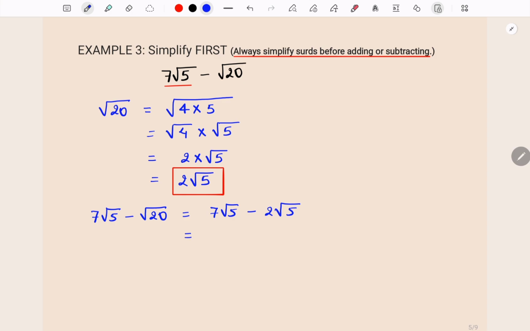Now we have the like terms and we need to subtract. So we will just subtract the coefficients. 7 minus 2 is 5 and root 5 will be there. So 5 root 5 would be our final answer.